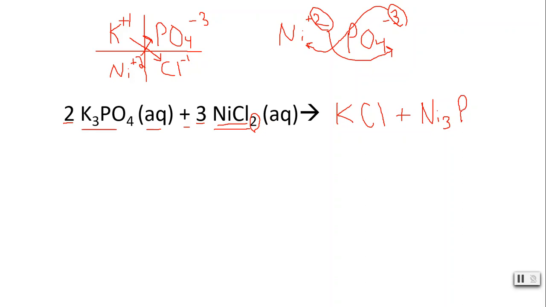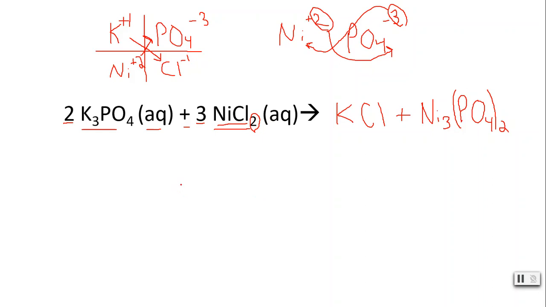And how many phosphates, how many PO4s do I need? I need 2 of them. And since I need more than one of the polyatomic, I have to use parentheses and a subscript. So those are the 2 products of this double displacement reaction.